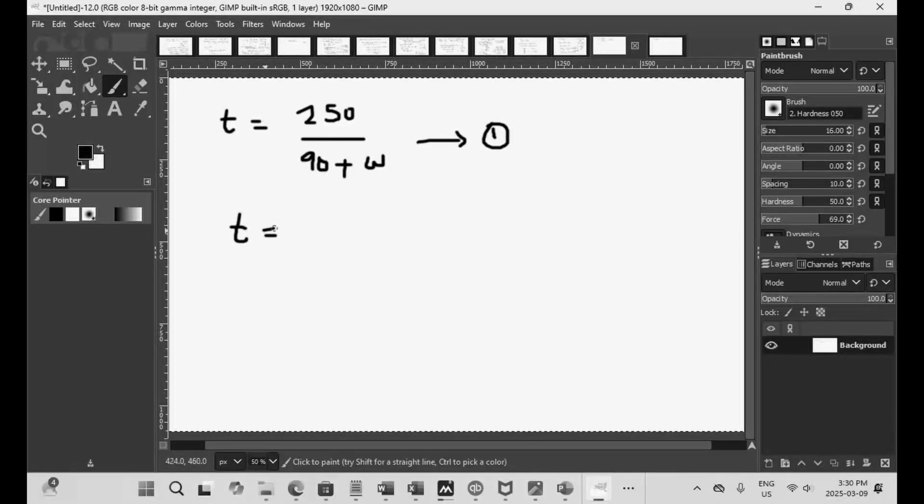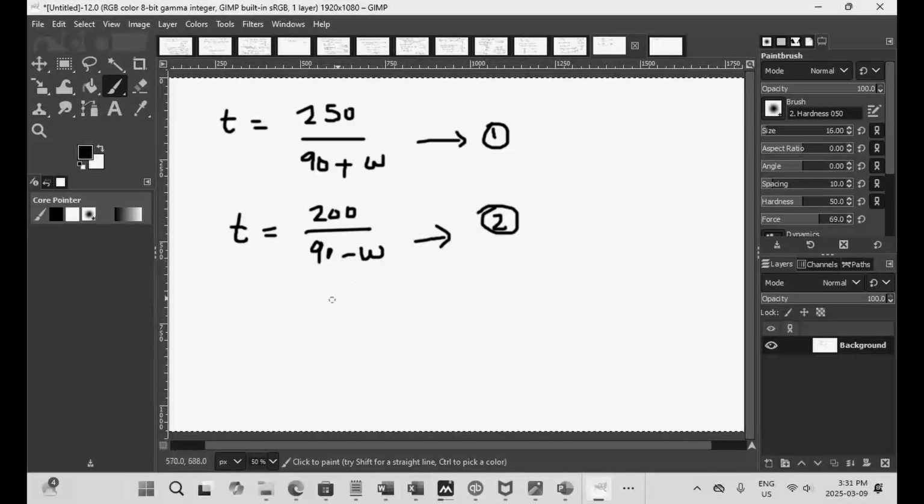And for the second equation, your time will be 200 divided by 90 minus W. This is the speed of the helicopter take away the speed of the wind, because it's going against the wind.